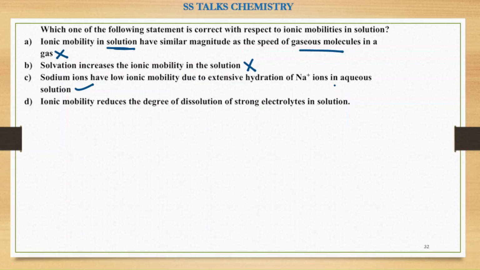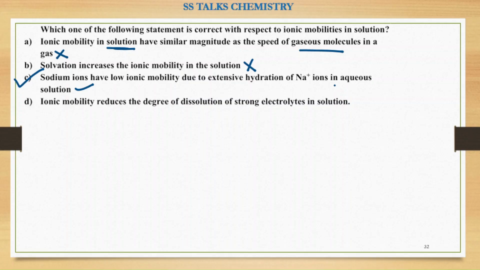Next, ionic mobility reduces the degree of dissociation of strong electrolytes in solution. This is not correct. C is the correct answer in this case. That is for the sodium ions. Due to their extensive hydration, being smaller in size, they get hydrated in the aqueous medium. Due to that, their ionic mobility is decreasing.